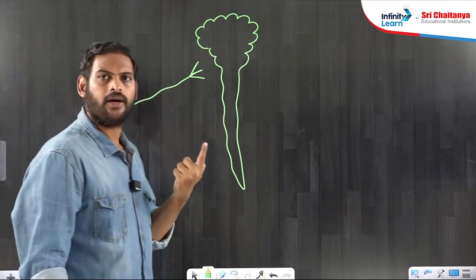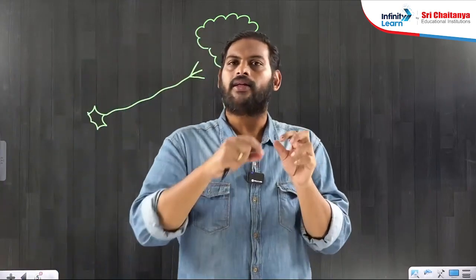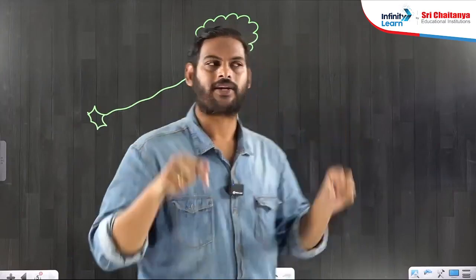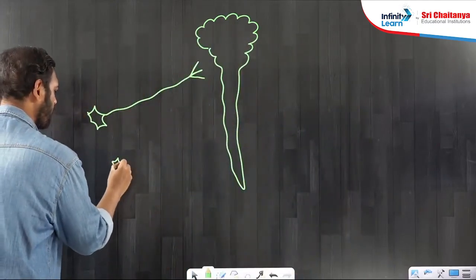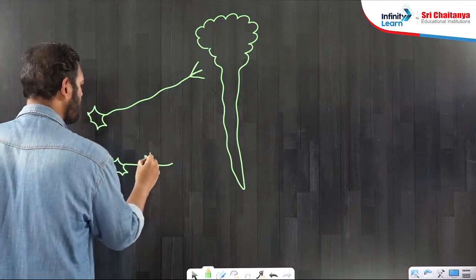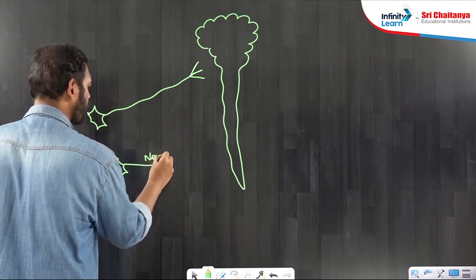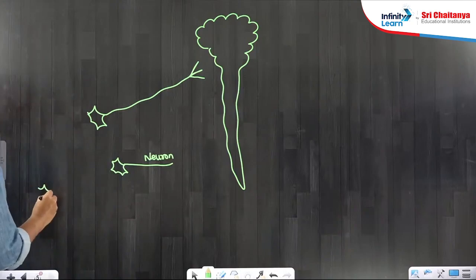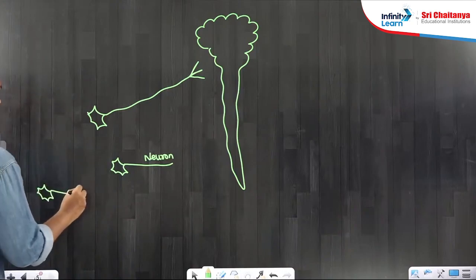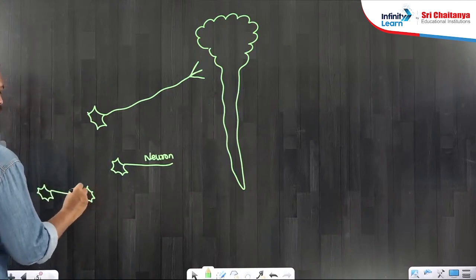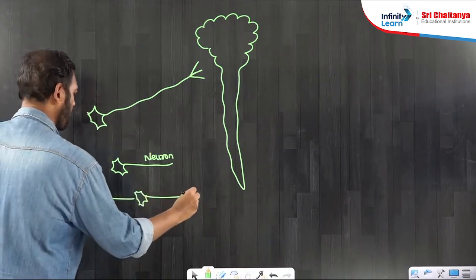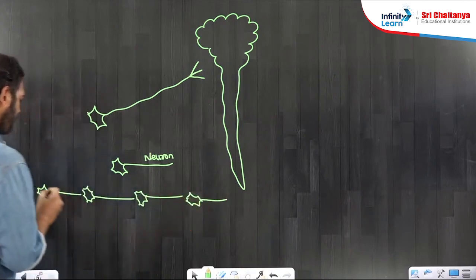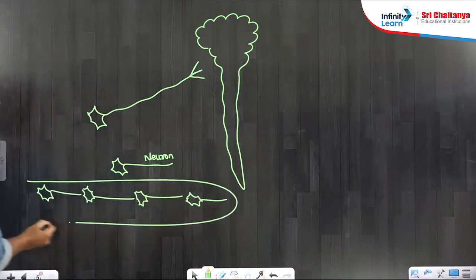A neuron is a single cell. A nerve is nothing but a linear arrangement of many neurons like this. This is a neuron. This is a single neuron. This arrangement can be referred to as a nerve.